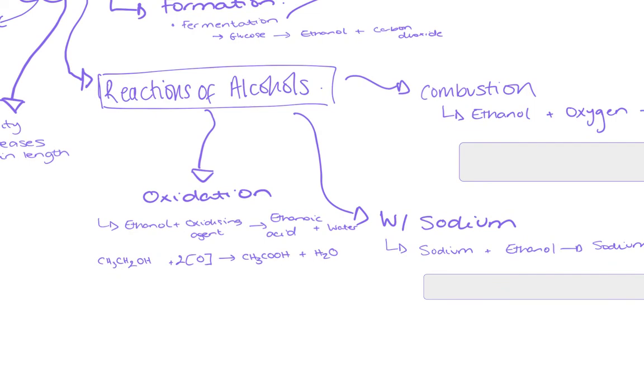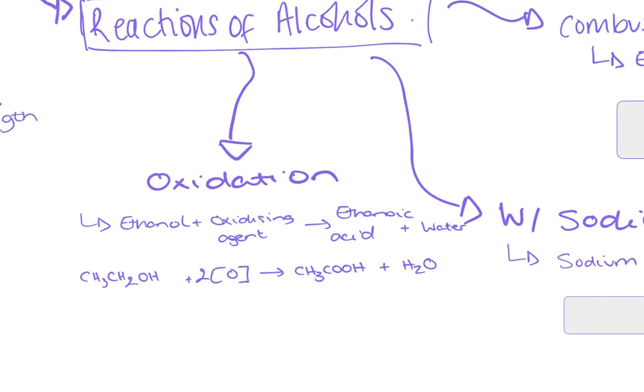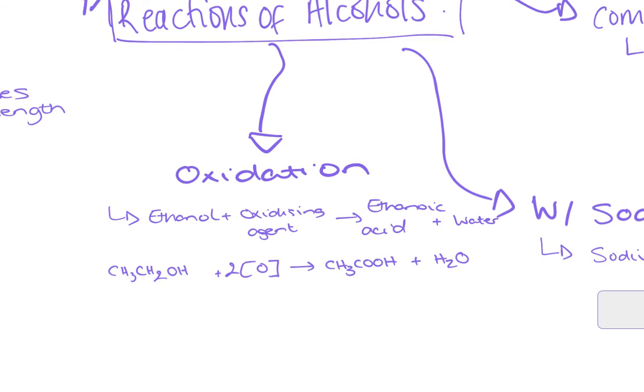And there are three that we need to look at. The first one I want to show you is the oxidation of an alcohol. Now, in the oxidation of an alcohol, we react ethanol or any alcohol with an oxidizing agent to form ethanoic acid and water. Now, in general, this means that oxidation of an alcohol gives you a carboxylic acid.